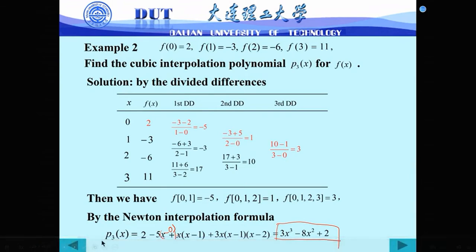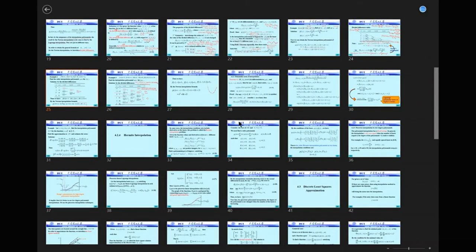Then we can obtain the polynomial directly, right? And of course, you shouldn't worry, because the interpolation polynomial is unique. So if you use the Lagrange interpolation method or the Lagrange formula, you will obtain the same result. Okay, so this reviews something about the interpolation method.